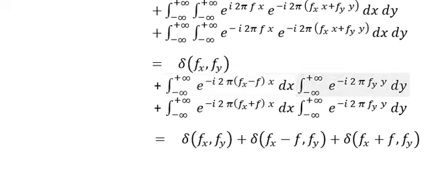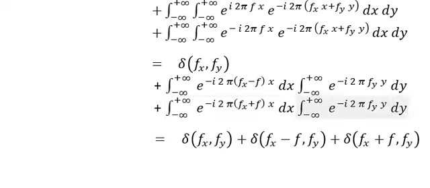And you know that if we evaluate these integrals as we have evaluated the previous integrals, the first integral will give you delta of fx comma fy, the second integral will give you delta of fx minus f comma fy, the third integral will give you delta of fx plus f comma fy.